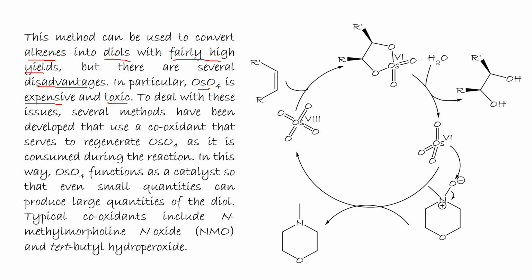To deal with this issue, several methods have been developed that use a co-oxidant that serves to regenerate osmium tetroxide as it is consumed during the reaction. In this way, osmium tetroxide will function as a catalyst, not in a stoichiometric amount, just in a catalytic amount, so even small quantities can produce large quantities of diol.